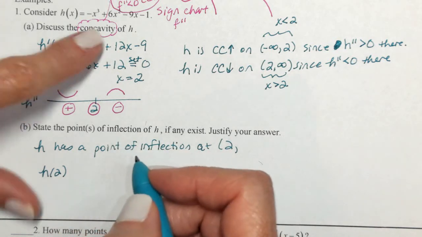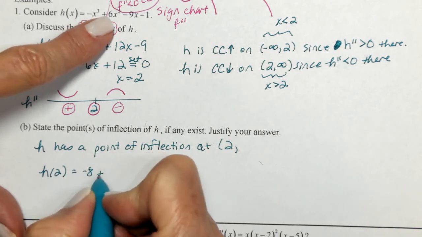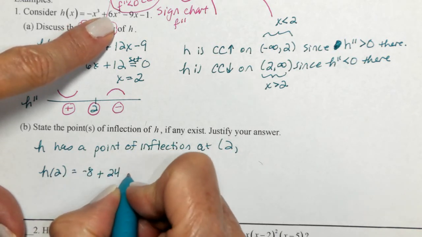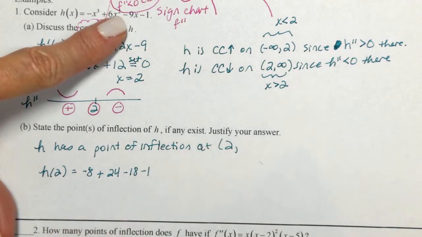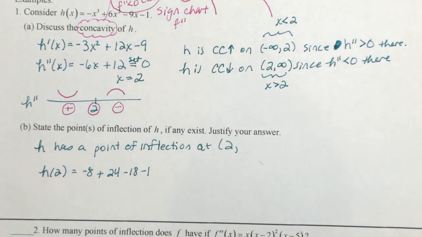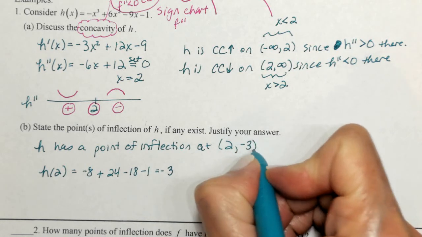Okay? So we need to come and find h at 2 to get the h coordinate of that point of inflection. So I'm putting 2 in for x, so that'll be a -8, plus 6 times 4 is 24, minus 9 times 2, that's 18, minus 1. Let's see. I've got negative 26, negative 27, plus 24, that's going to be a negative 3, I hope.